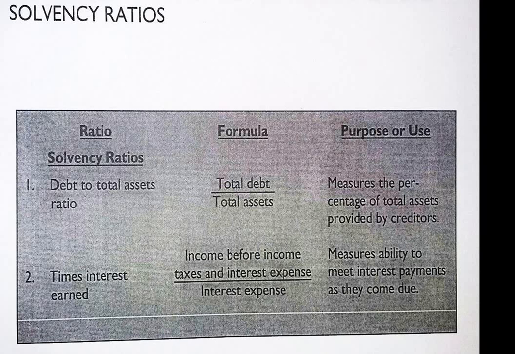And the formula for it is income before income taxes and interest expense, over interest expense. Net income before income taxes and interest expense over interest expense. And this again measures the ability to meet interest payments as they come due.